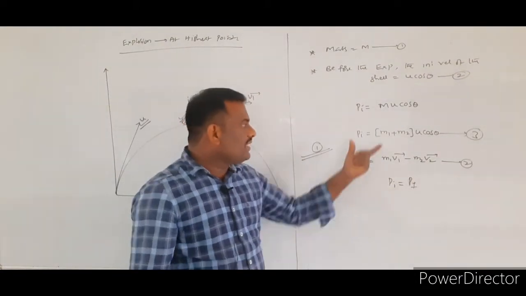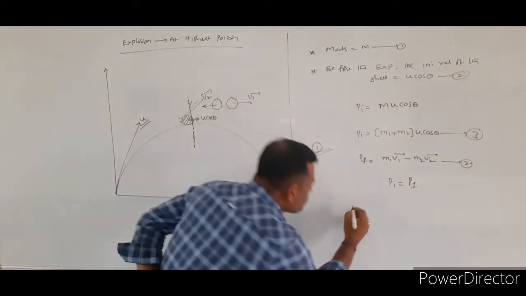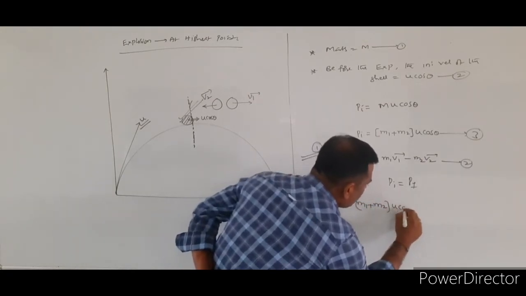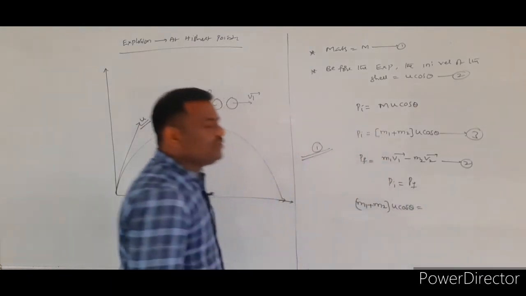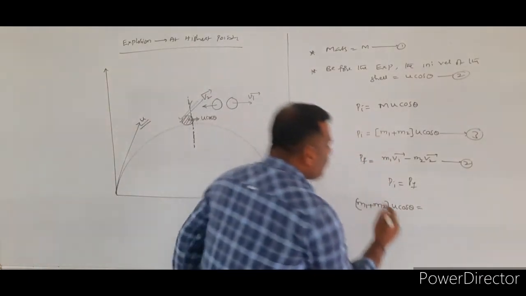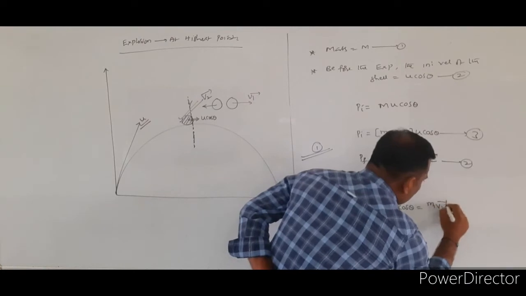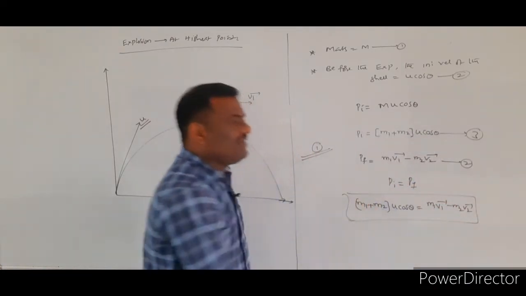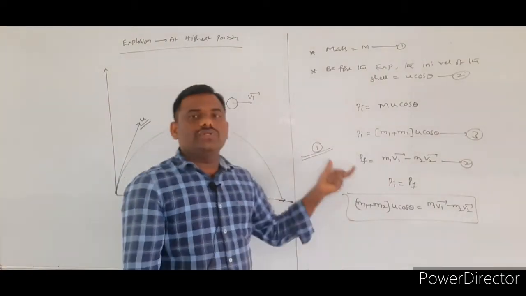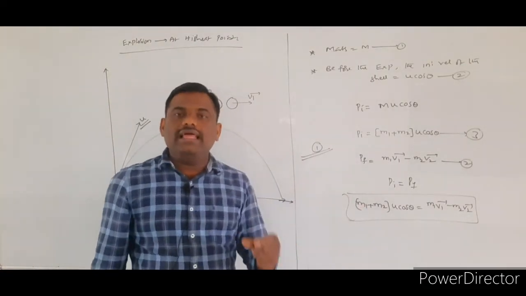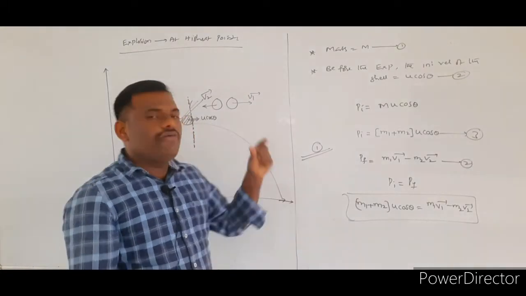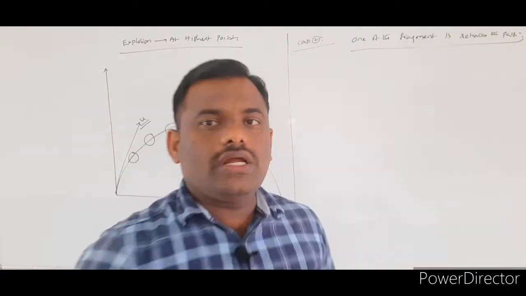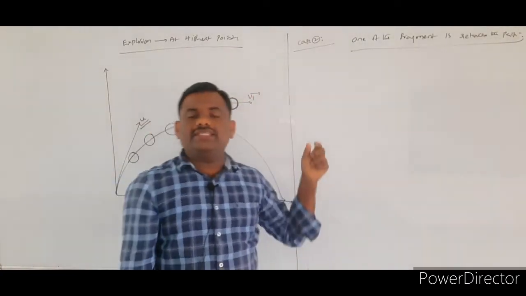The initial momentum is M1 plus M2 into u cos theta, and the final momentum is M1 V1 bar minus M2 V2 bar. This is case 1 given in our material, the explosion of the shell at the highest point when the two pieces travel in opposite directions. Now see case 2.